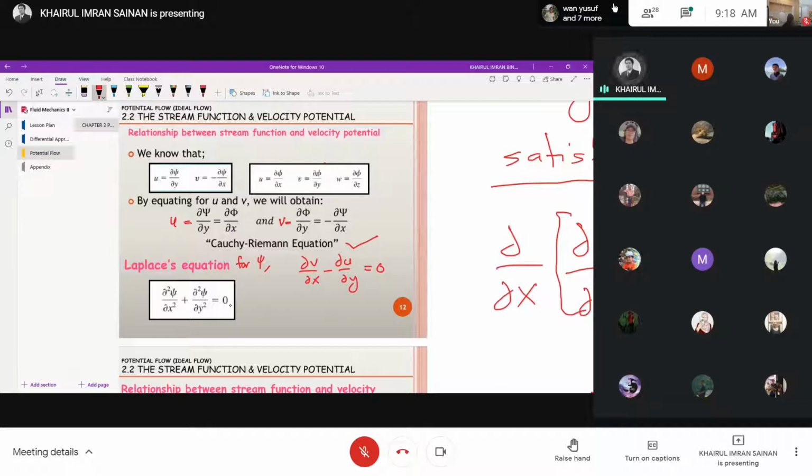So we're gonna replace with psi. So del over del x of v, which is del psi over del y, minus del over del y of u, where we put negative del psi over del x, equals 0. If you solve this one, you will determine this. So this is actually zeta.